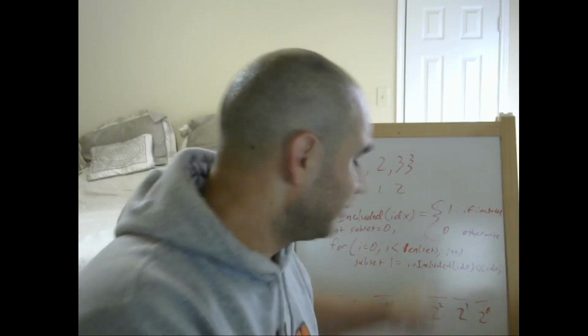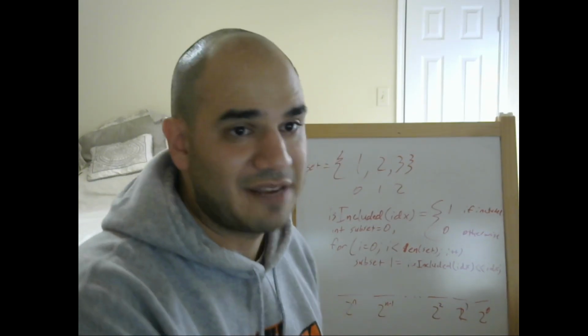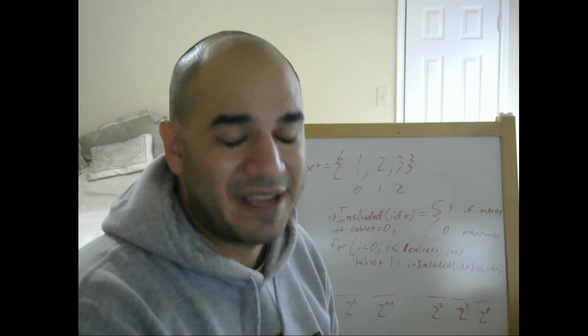And so through this correspondence, we at once have an answer to our question: how many distinct subsets can we construct from a set of n numbers? And it's 2 to the n, right? So we have the empty set, which is always a subset, where we haven't included any elements of the set.